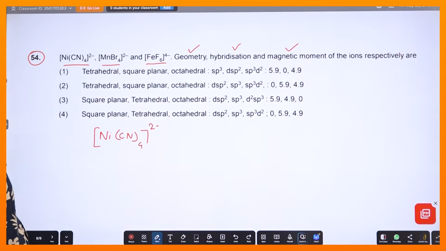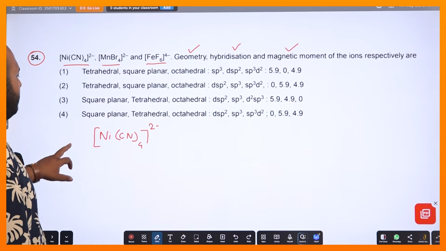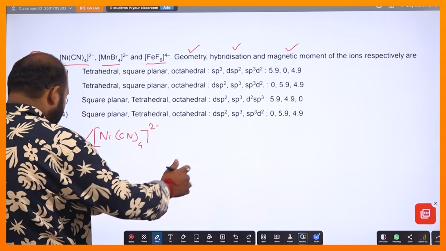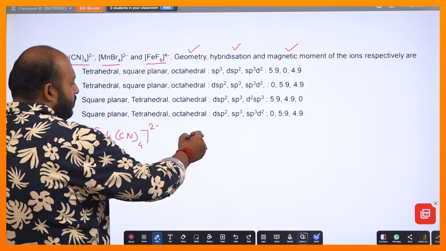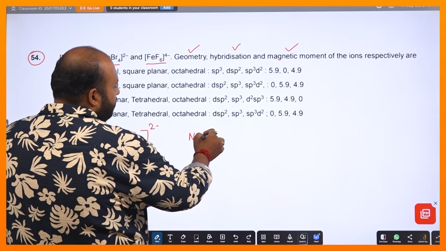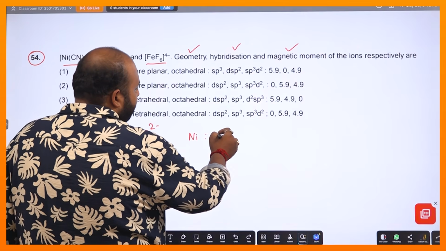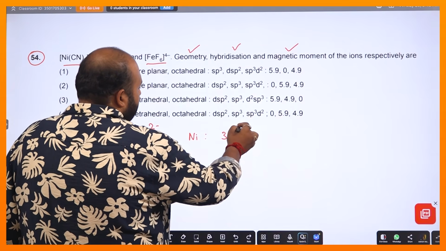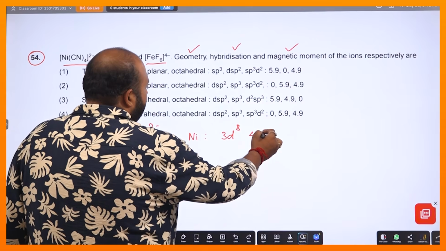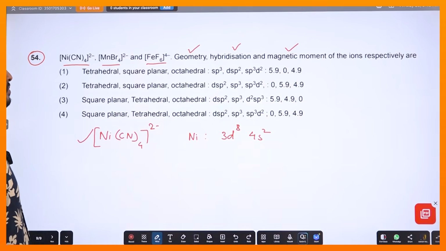In the case of nickel, the electronic configuration is 3d8 4s2.